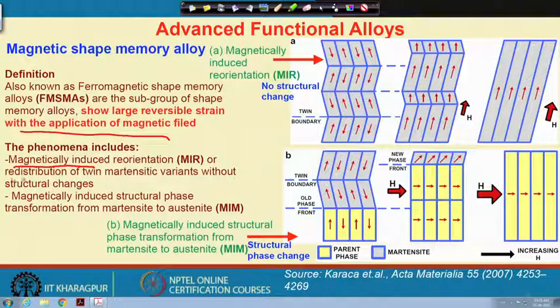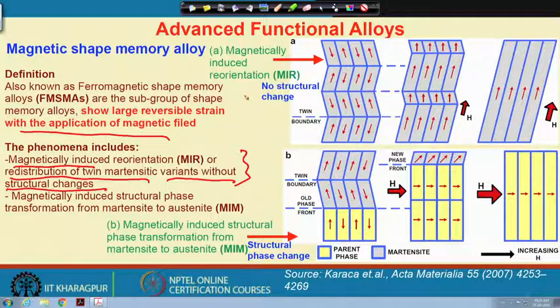For the conventional shape memory alloy it was stress induced; in this case, what we are discussing today, it is magnetic field induced. The redistribution of such twin martensite variants without any structural change is called MIR, magnetically induced reorientation or redistribution of the twin variants in a martensite.